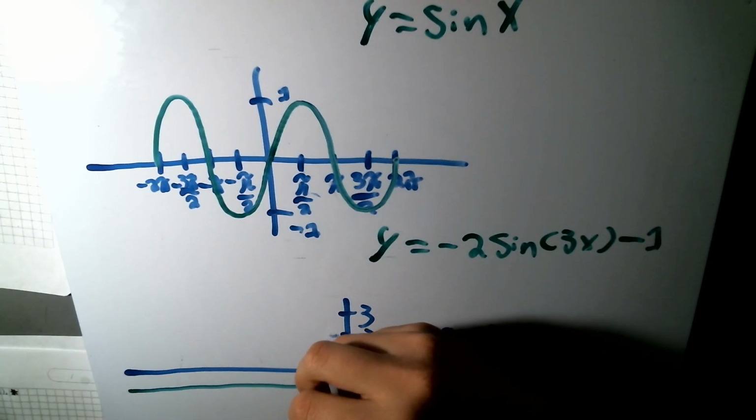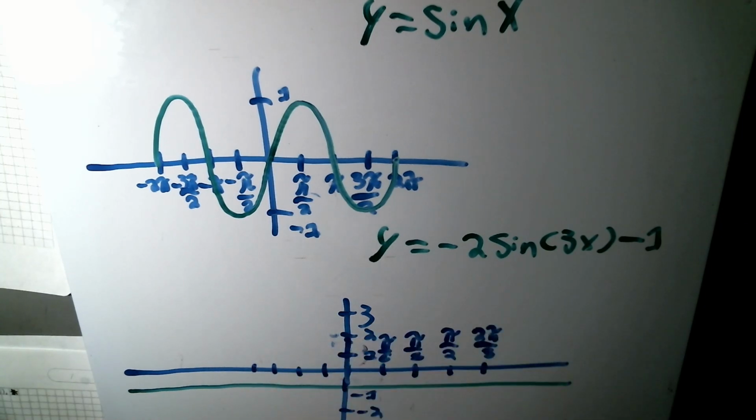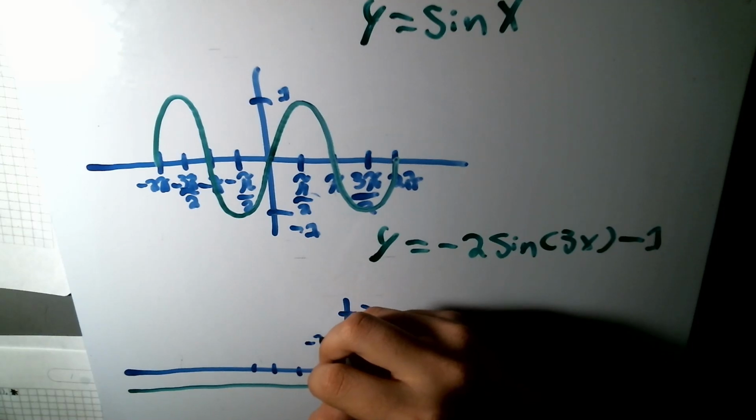Okay, this is correct: 1, 2, 3, 4. It is becoming too crowded.